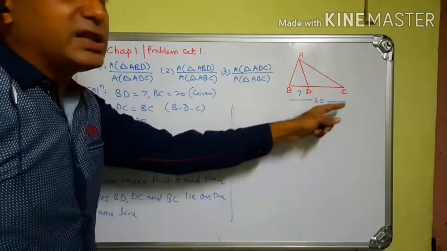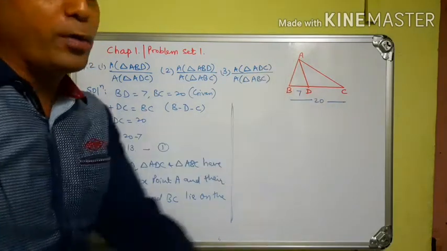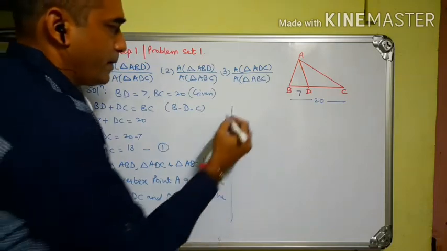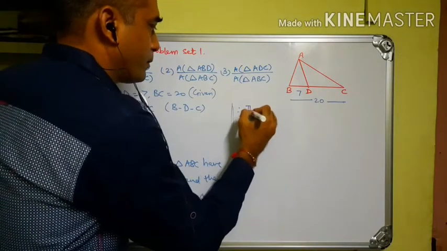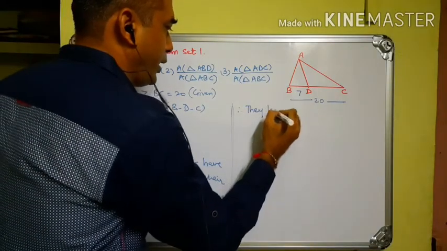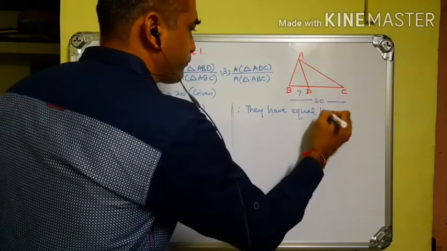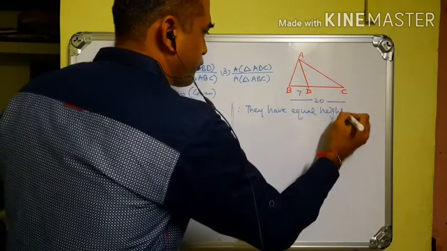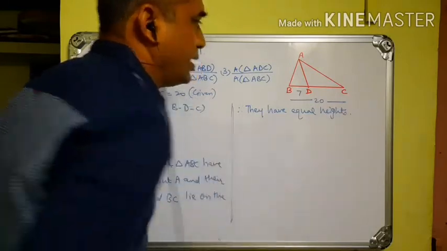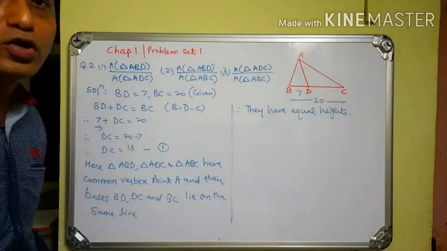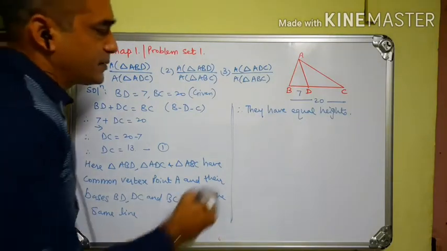Now when bases lie on the same line and they have a common vertex point, it means their heights are equal. Therefore they have equal heights. And when the heights are equal, the areas of triangles are proportional to corresponding bases.